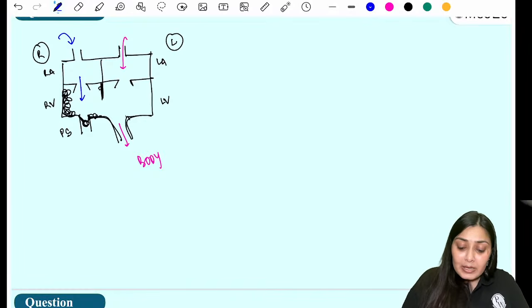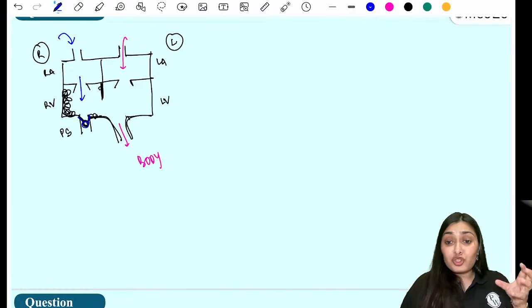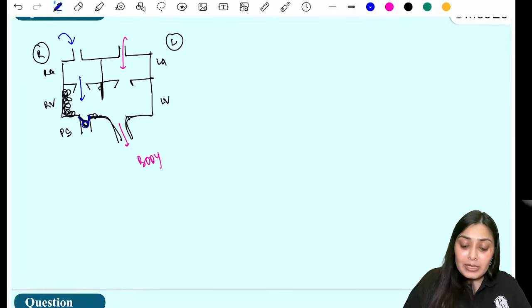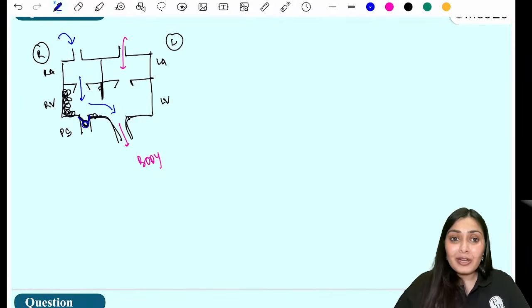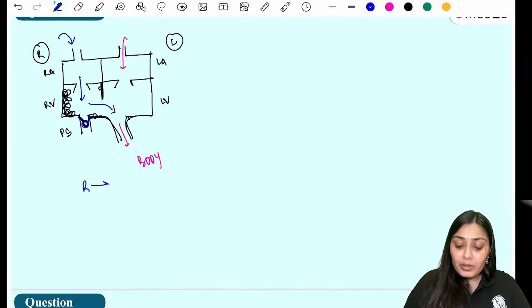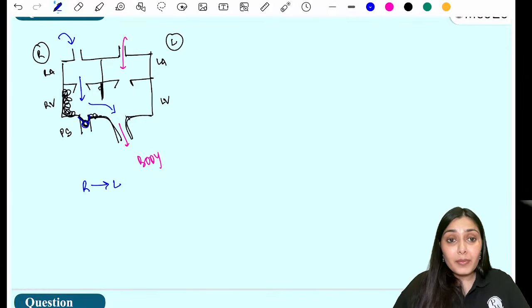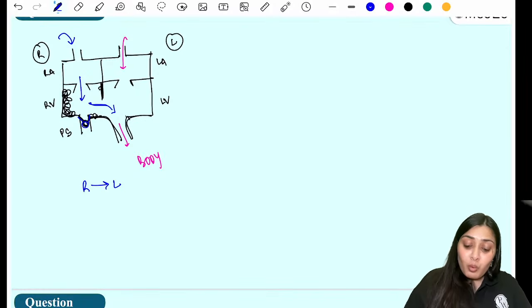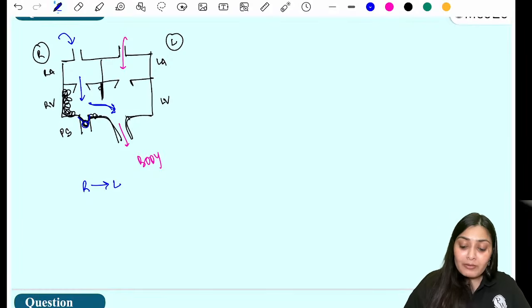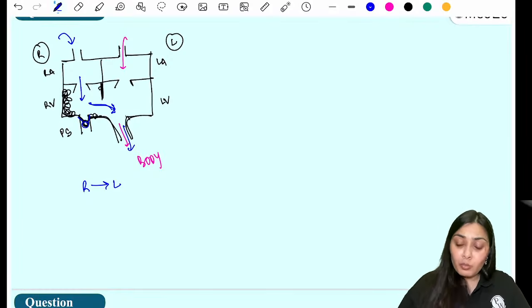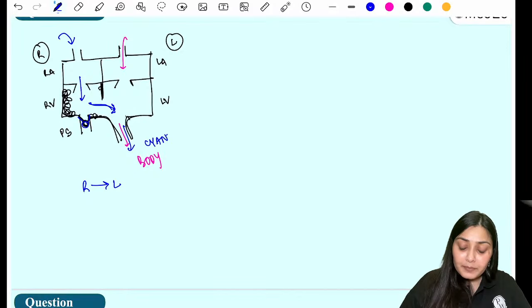Because there is obstruction to the flow of deoxygenated blood on the right side, what will happen? Some of the blood from the right side will gain access to the left side. There is essentially a right to left shunt. So the more the right to left shunt, the more the body will receive deoxygenated blood, and the more the body will get cyanosed.